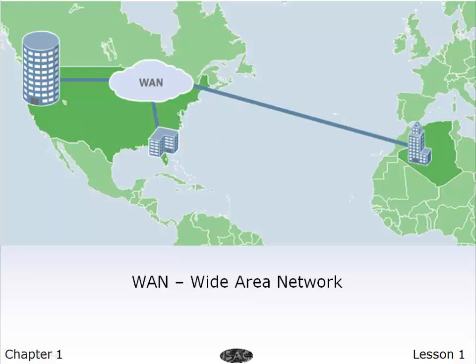Okay, let's think. For example, assume that it's one company whose different offices are located in different parts of one country or maybe in the world. What will they share? Okay, printers? Maybe printers? What do you think?